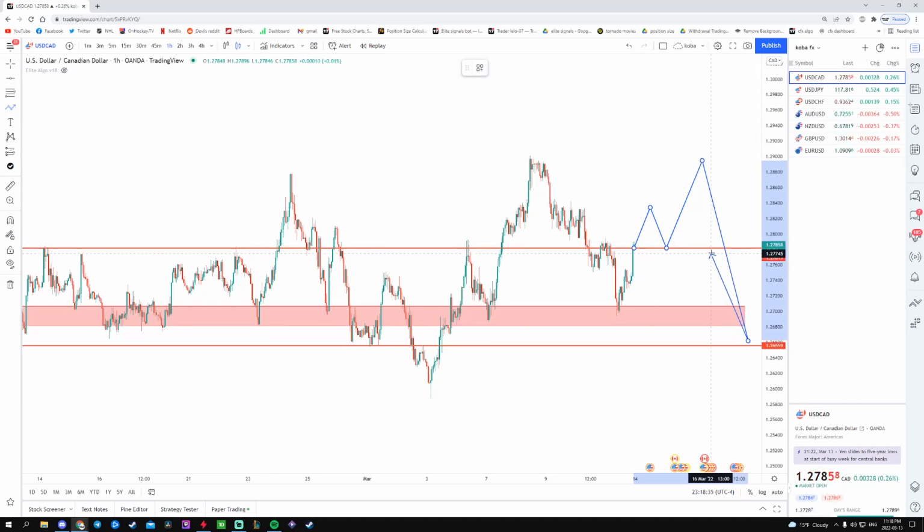So be careful for this. Or it can also not break through this and end up going down right back into our supply zone, because we are still at a resistance area. Keep that in mind, guys. This is what I'm looking for on USD CAD.